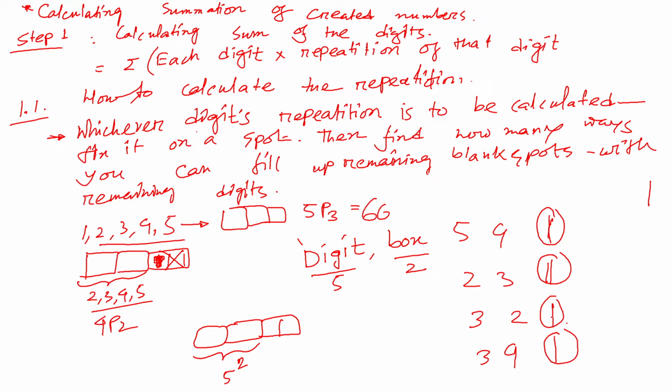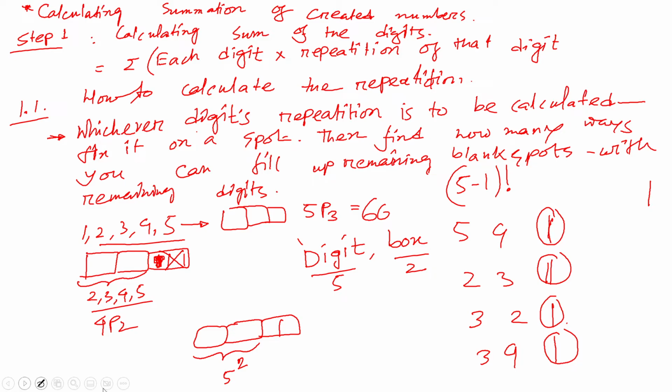Now you might ask, what is wrong with calculating the previous way, which was n minus 1 factorial? The thing is, n minus 1 factorial won't be the repetition of that digit this time. If you tell me 5 minus 1 whole factorial, it won't be the repetition of a particular digit.